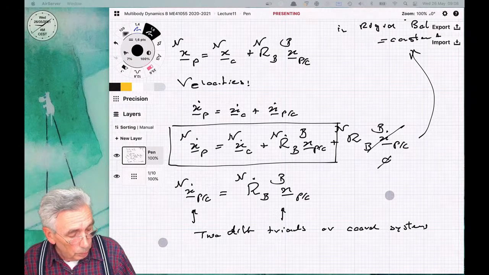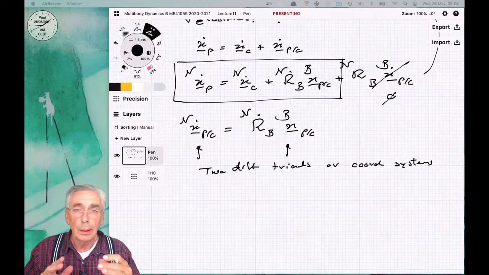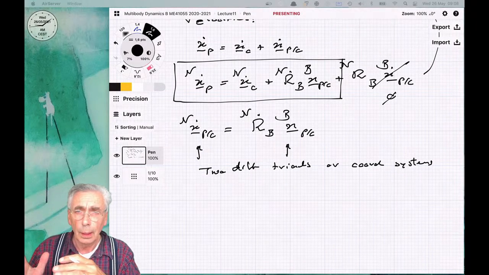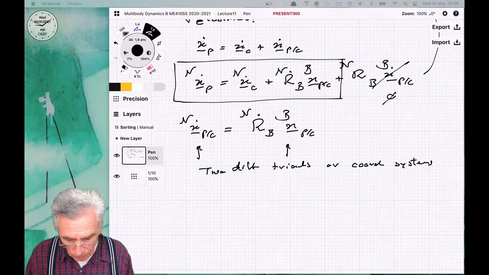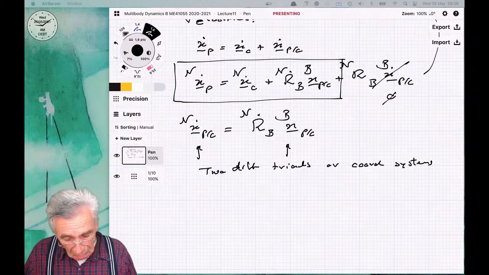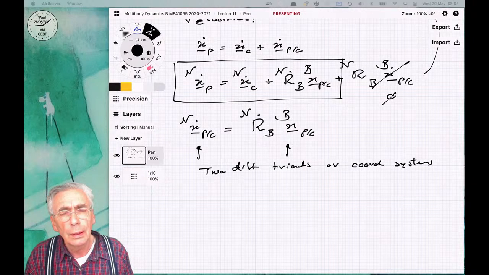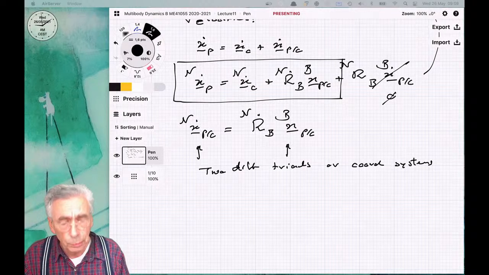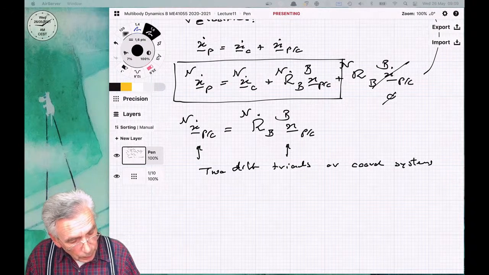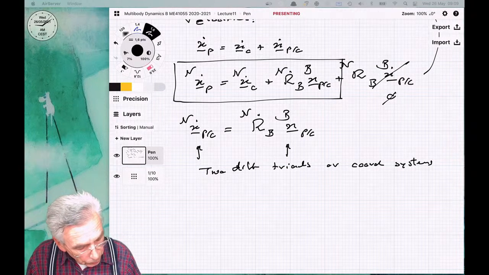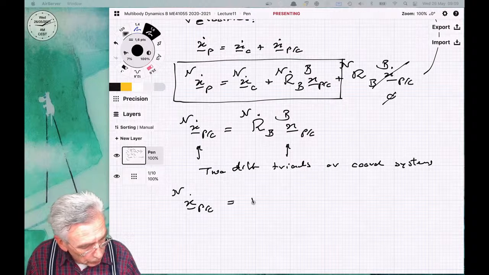It's more handy to express everything in either one or the other: either I think my vectors are in inertial or my vectors are in a body fixed frame. Since we want to do Newton actually in our inertial frame, I like to express everything in this inertial frame, right? Meaning I need an expression for this in the inertial frame, so I'm going to write x dot P of C in the inertial frame is, well, this doesn't change, this is just the time derivative of this matrix.